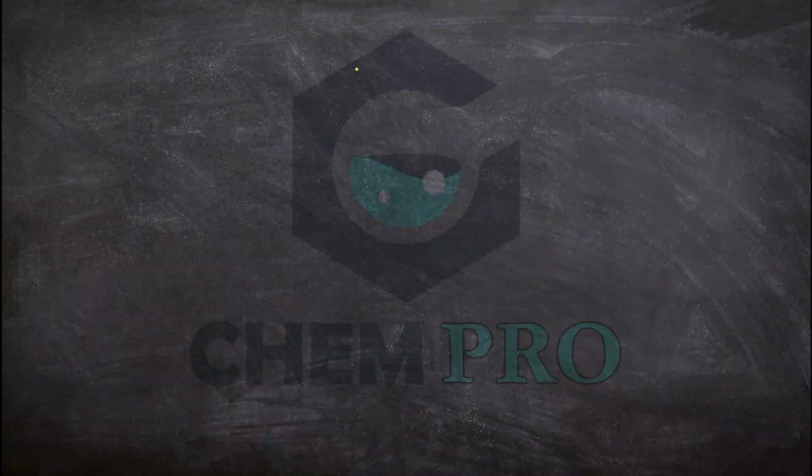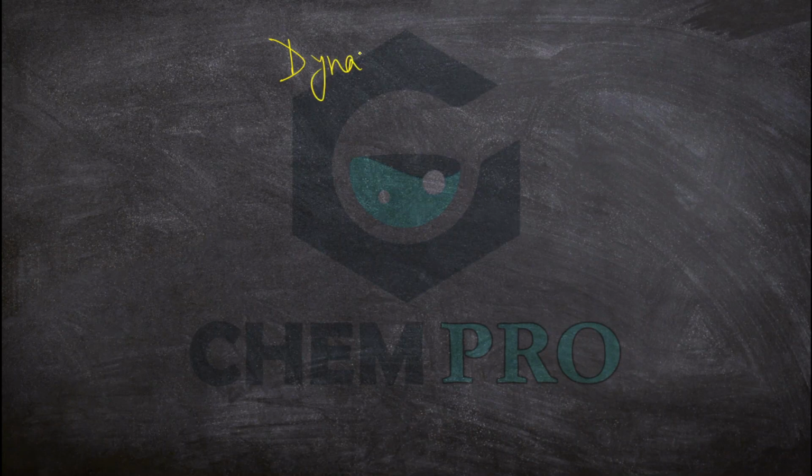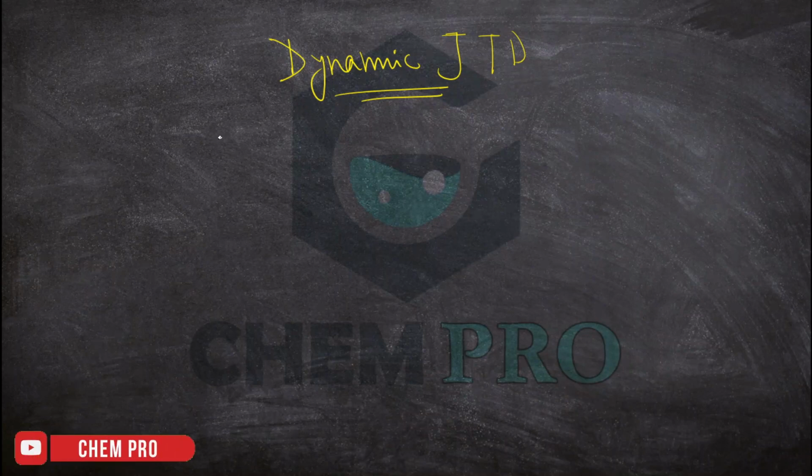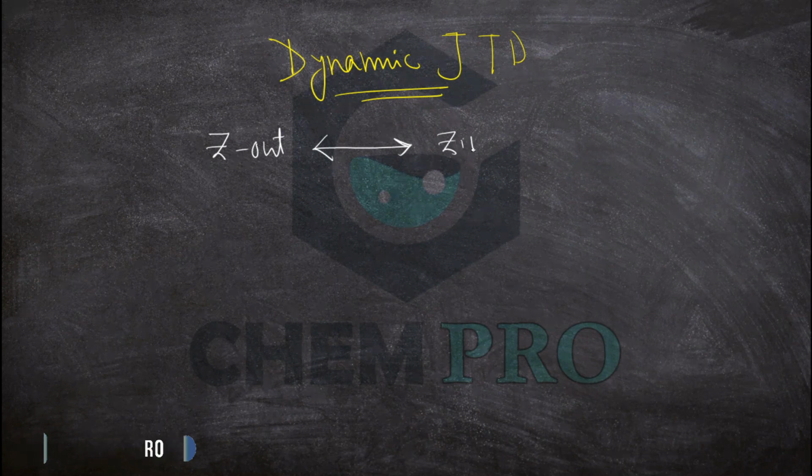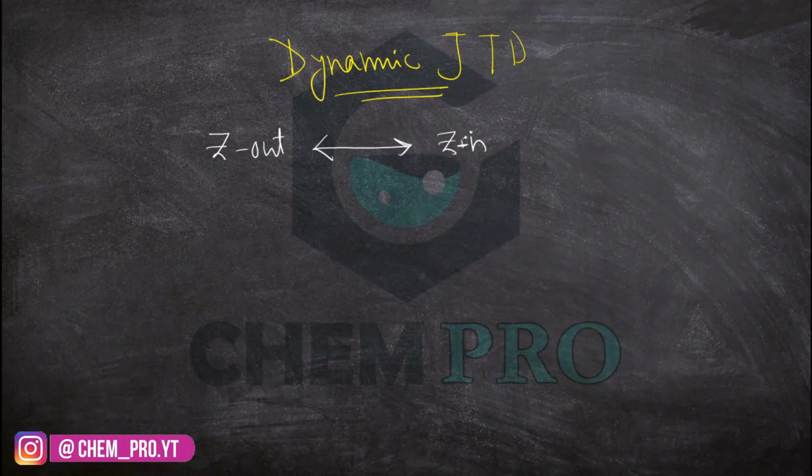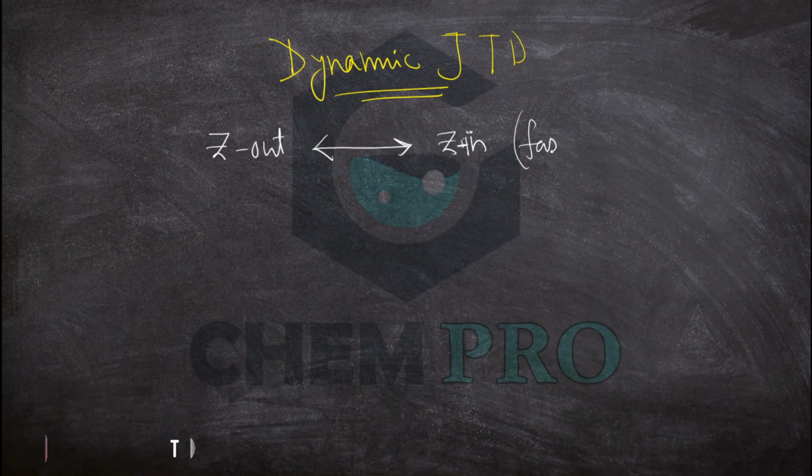Now here we have the trend for dynamic Jahn-Teller distortion. We all know that for dynamic Jahn-Teller distortion the Z out and Z in types of Jahn-Teller distortion will be in fast exchange.